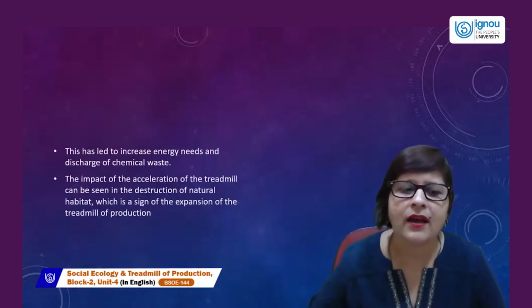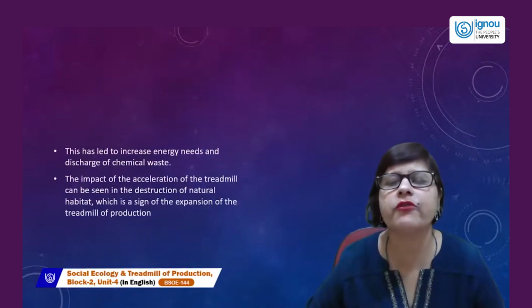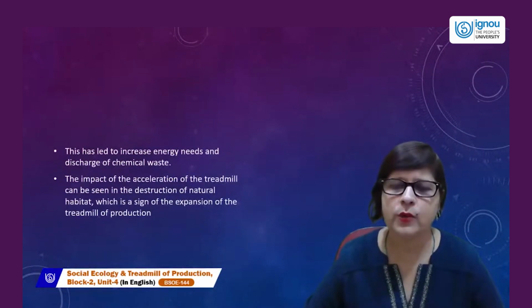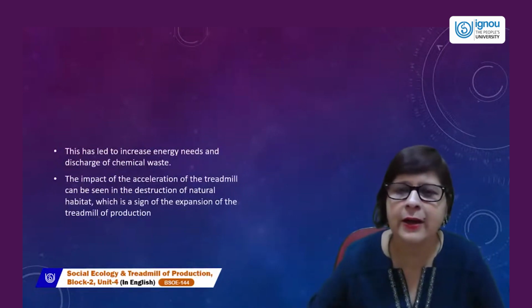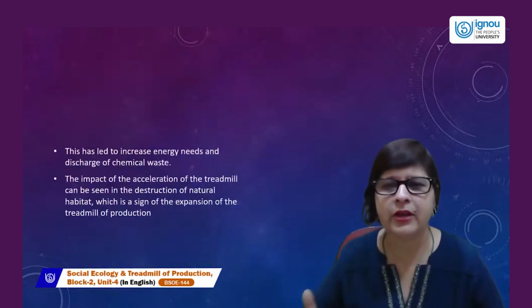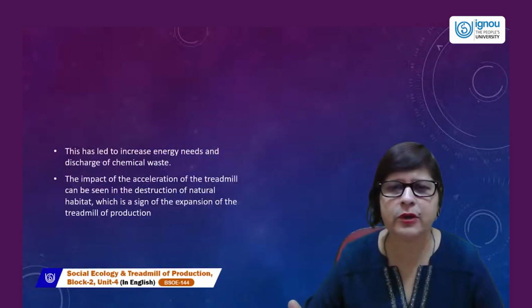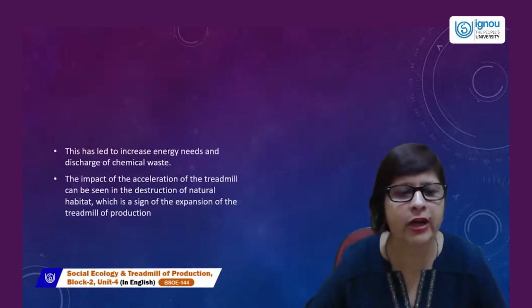And this led to an increase in energy use and discharge of chemical waste. Because of technological advancement, we extract more natural resources, and we produce more. When industrialists produce more, they discharge more chemical waste to the environment.